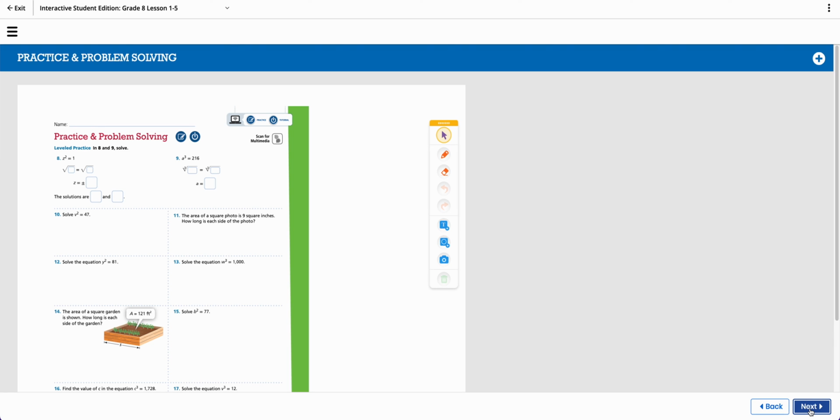If I'm gonna take the square root, the square root of z squared goes here, and the square root of 1 goes there. So z equals plus or minus what? 1. So the solutions are negative 1 and positive 1. All right?